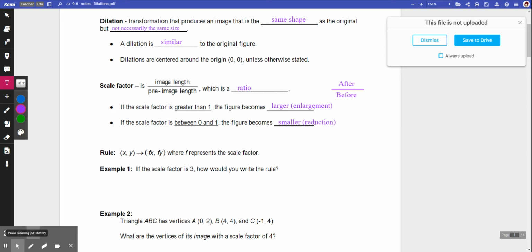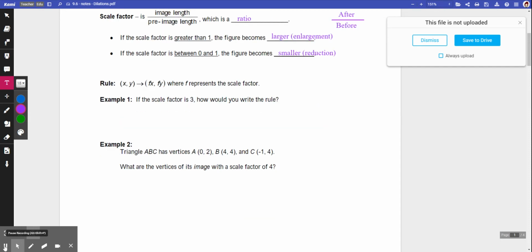Now, if it's a negative number, what happens is that you've effectively rotated it 180 degrees at the same time. Since that rotation would be a separate thing, we don't count it. So you can't have a negative scale factor, but you could have a negative multiplier, where it's basically a compound transformation.